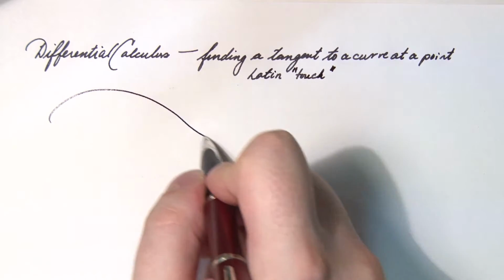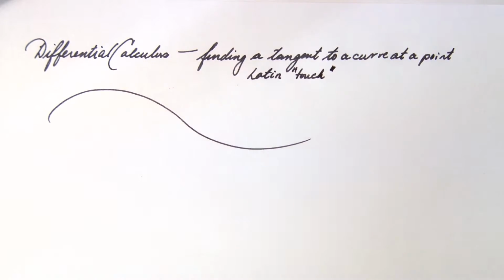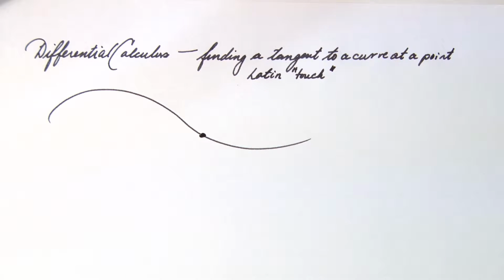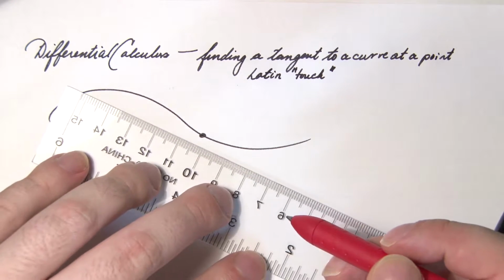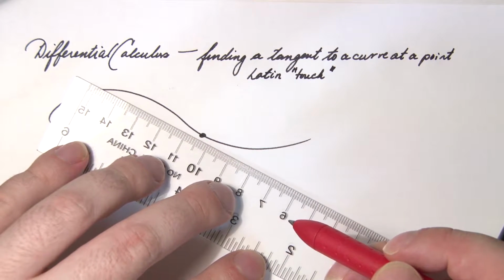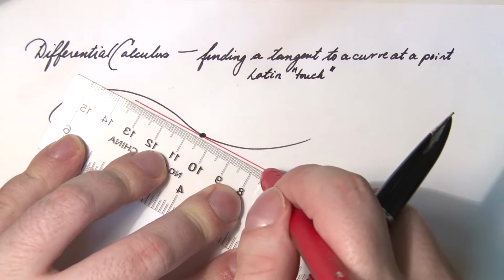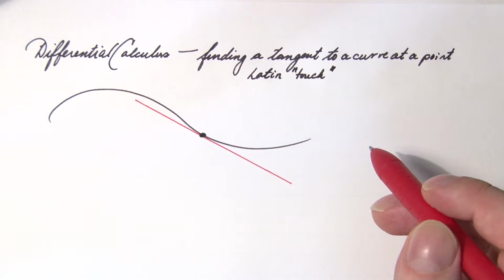So if I have some curve here, and I pick a point right here, the tangent is a line that just touches that curve, just at that one point. It passes through one point. Just like that.